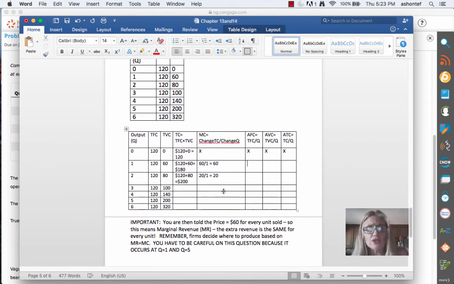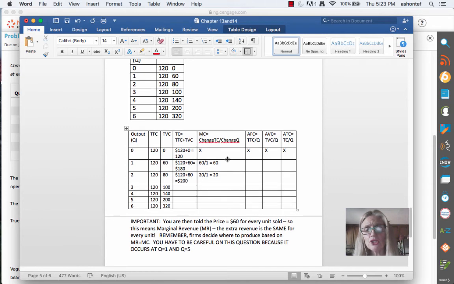You're then asked a few questions on this homework question, and I'm just going to point out it's very, very important that you pay attention to the information they give you. In the question, you're told that the price that this firm can receive for each item sold is $60. And they don't tell you that the price changes.